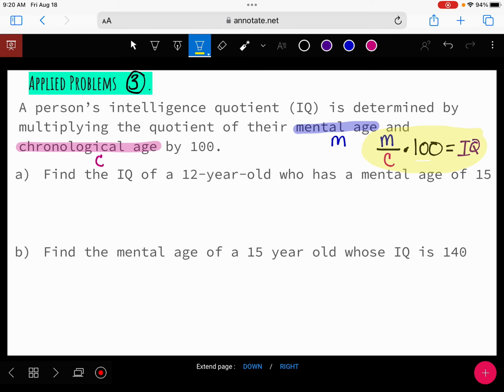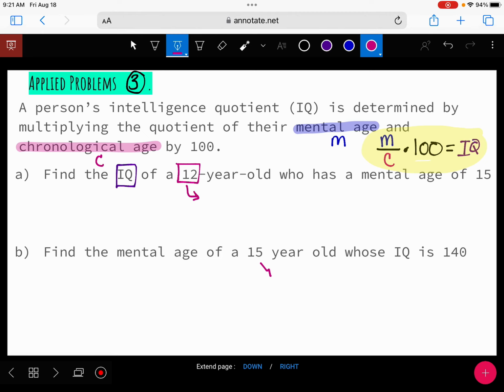Then we'll look at A and B and fill in the pieces we know. We want to find the IQ of a 12-year-old with a mental age of 15. So 12-year-old, that's their chronological age.